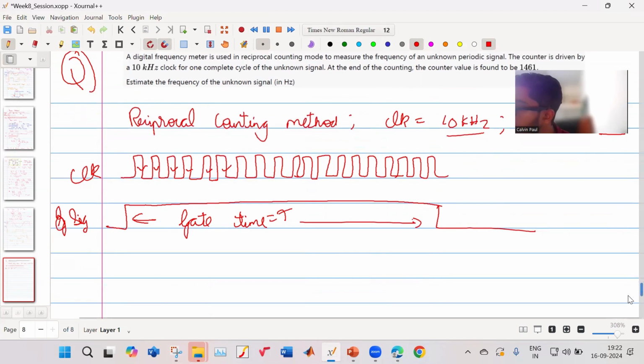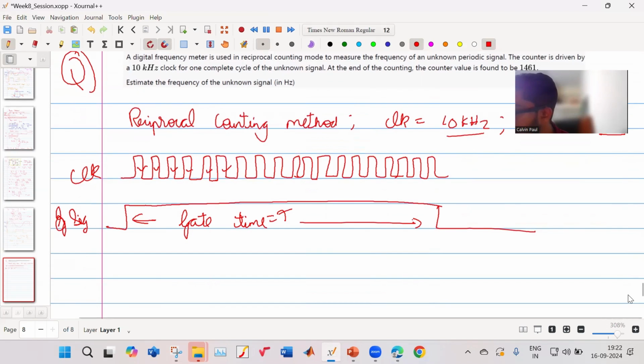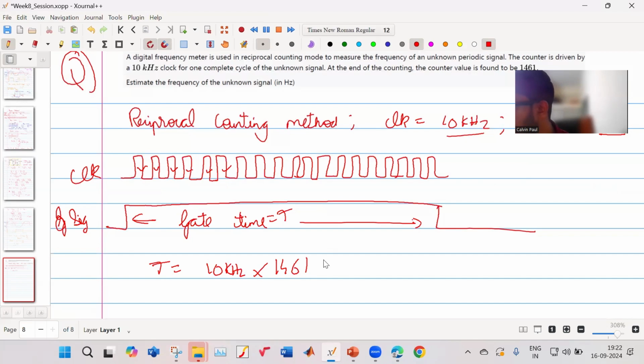So what is the frequency of my signal? So the time is equal to what? Your 10 kilohertz into 1461, right? No, your time can't be that. Okay, sorry.